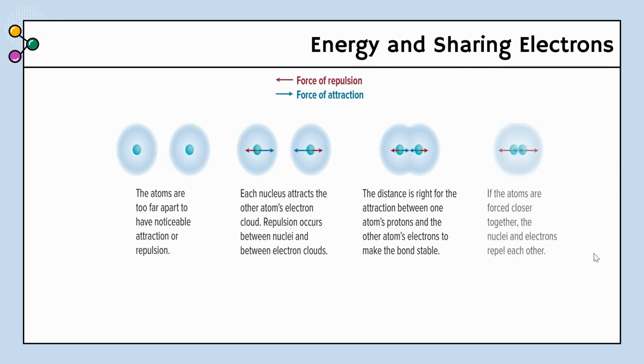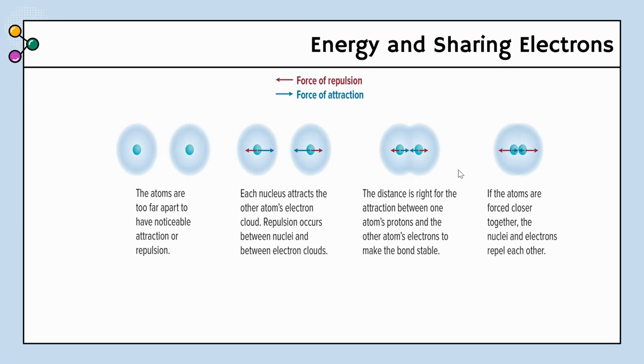Now, if we smushed these two atoms together, the electrons would still technically be attracted to the opposite nucleus. You can see that with these little blue arrows here. But those protons, the nuclei, would be so close together they'd push apart like magnets. So they would end up repelling each other and end up back at this third, very stable state, where again, the energy is minimized.